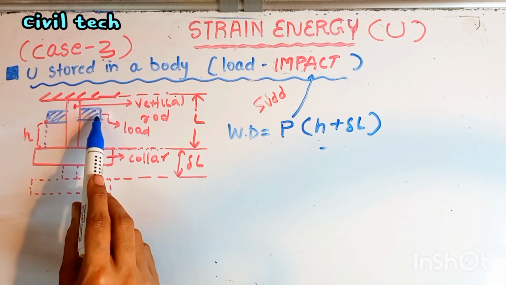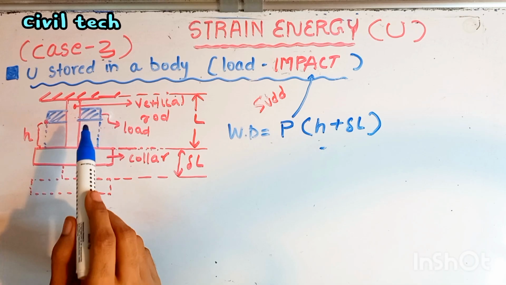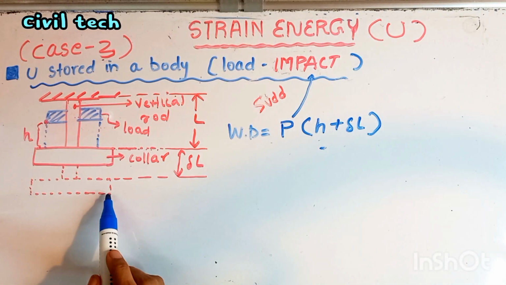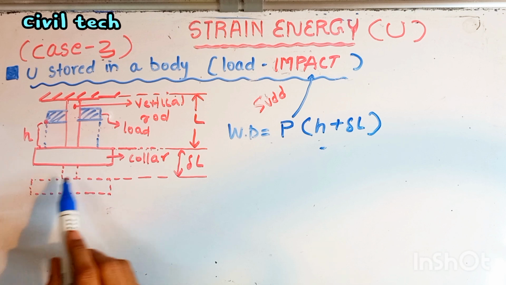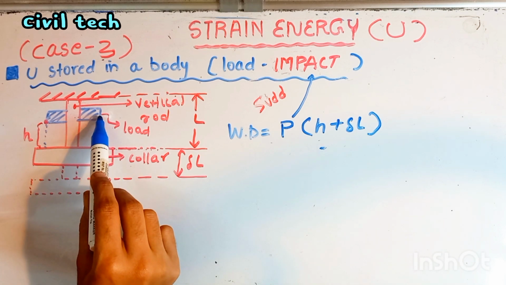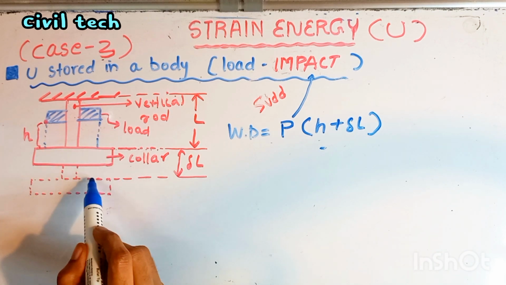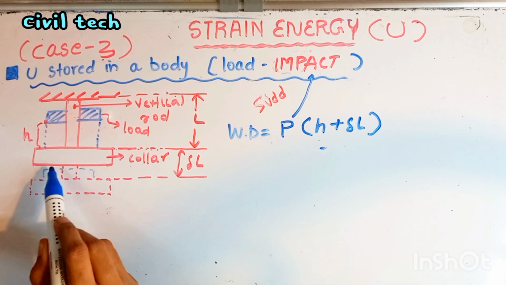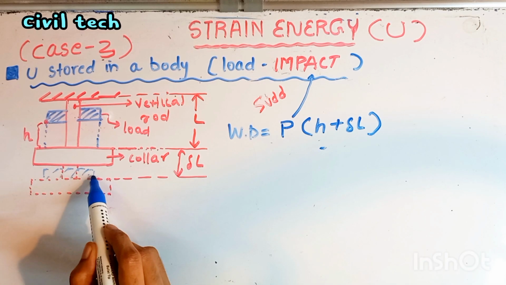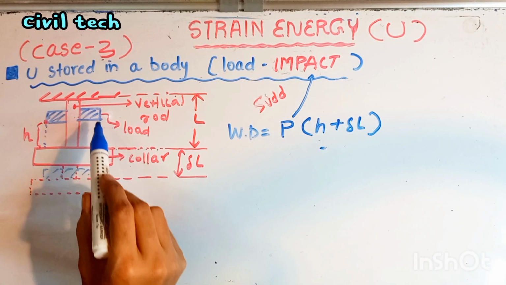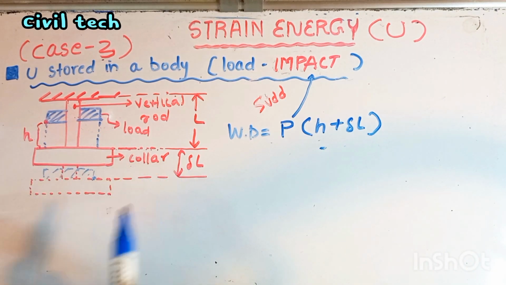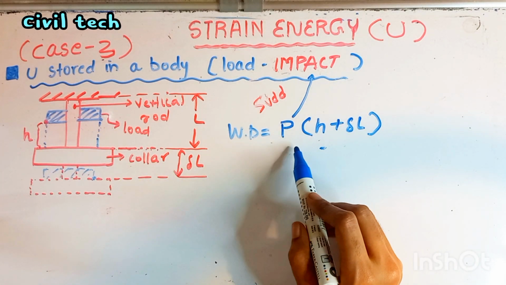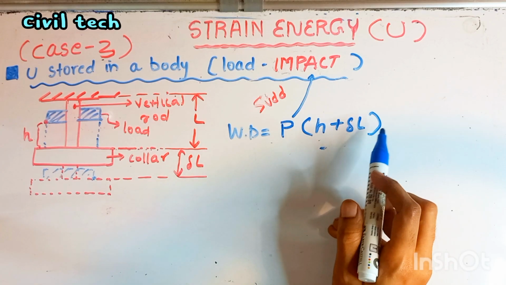After the load has dropped on the collar, the final position will be here, so on the top the load stands. From the initial bottom position of the load to the final bottom position of the load, the distance is h plus delta L. So work done becomes P into (h plus delta L).